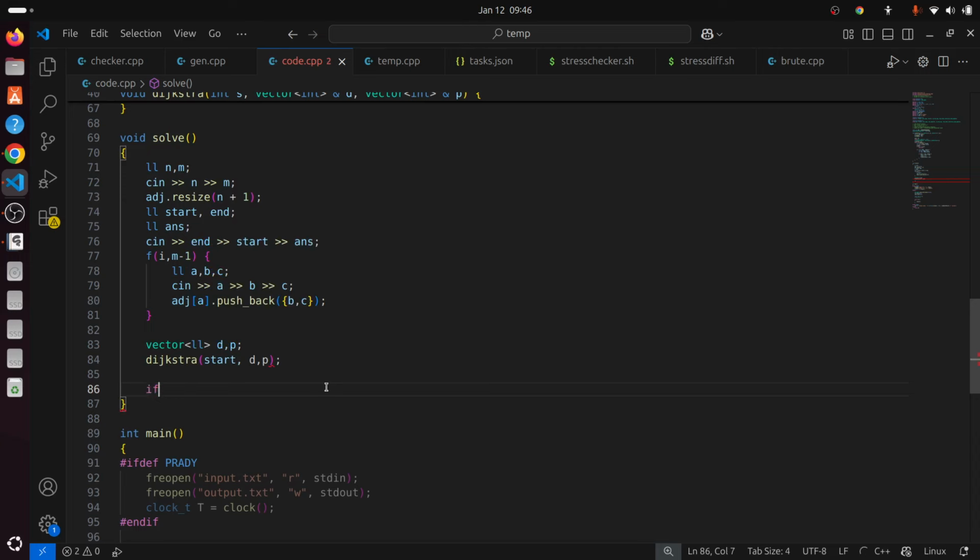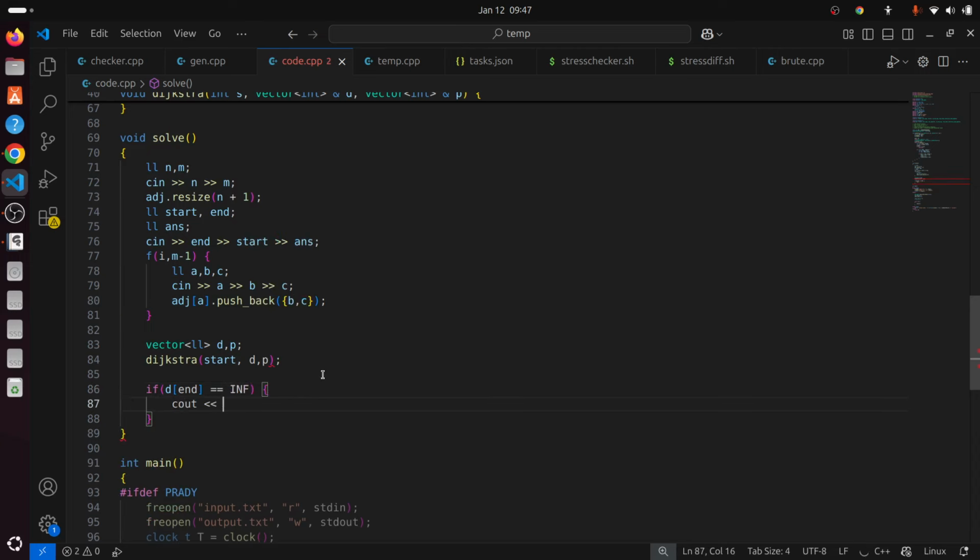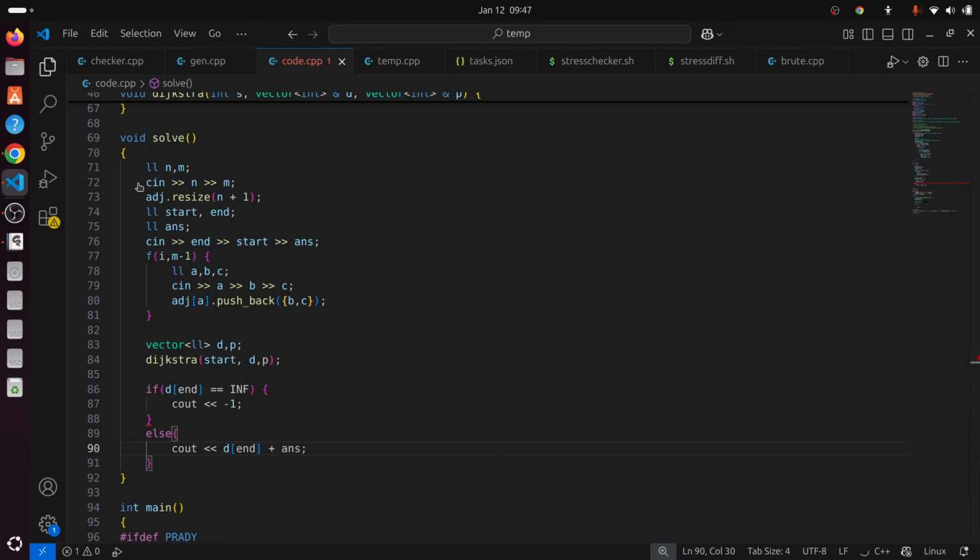So if d of n is equal to infinity, then cout -1, right? If there is no path from this start to end, then cout -1. Otherwise, cout d of n plus the initial weight. Okay, d of n plus ans. Right, so this is the code, and I'll test it also.